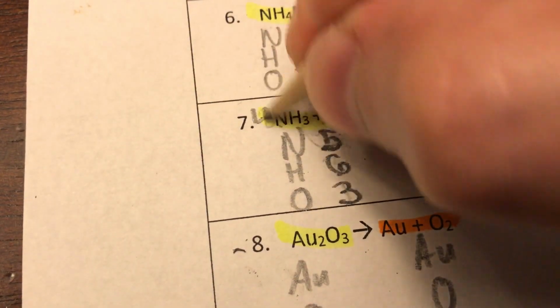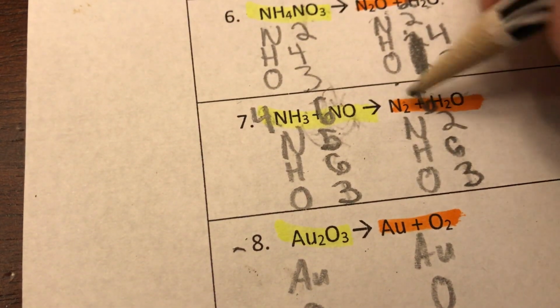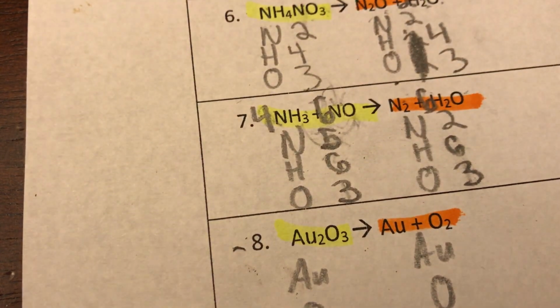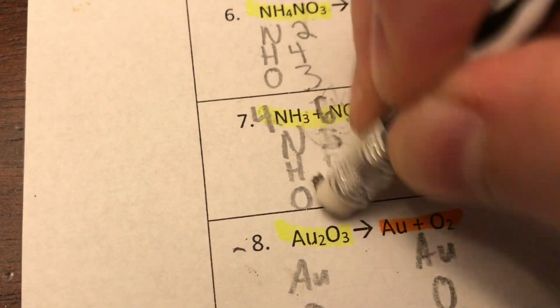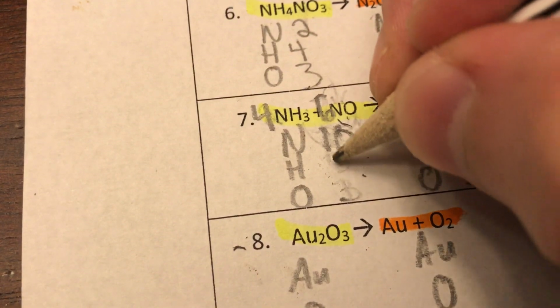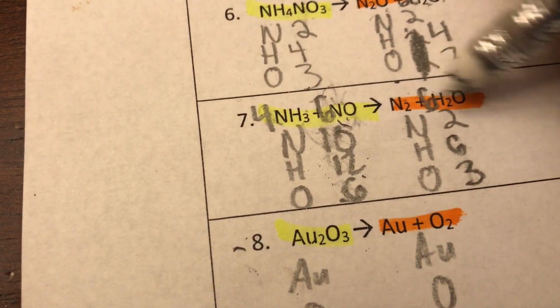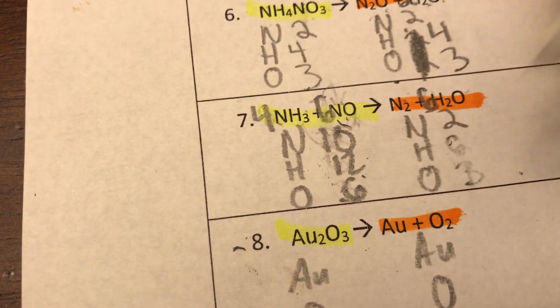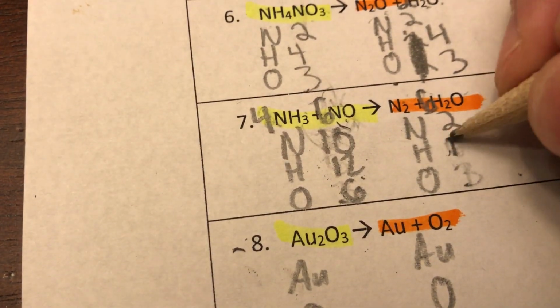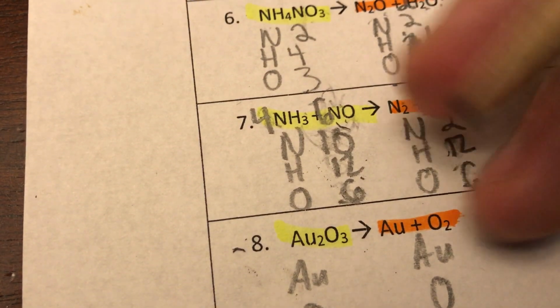So I'm going to go 4NH3, 6NO, 6H2O, and then the rest I'm going to pick up here. So when I do that, I get 10, 12, and 6 because I just doubled those. And then 6 times H2O is going to be 12 H's and 6 O's.